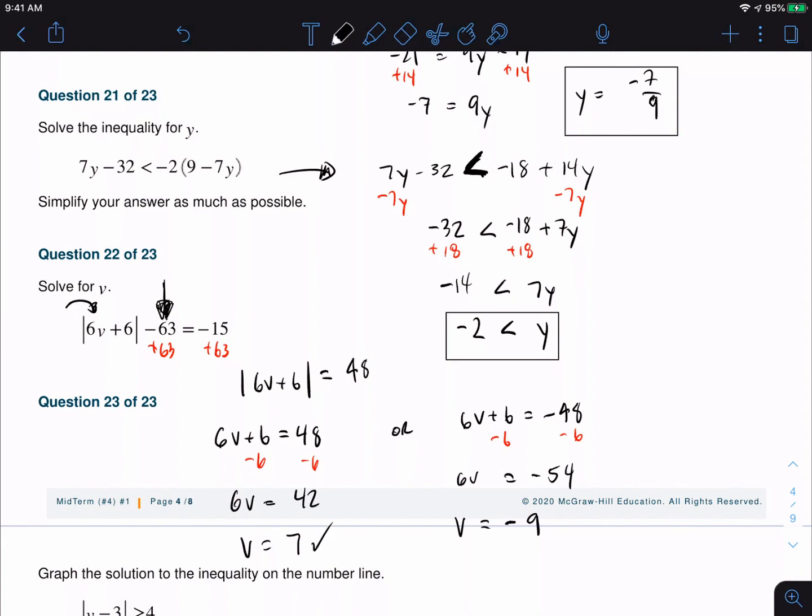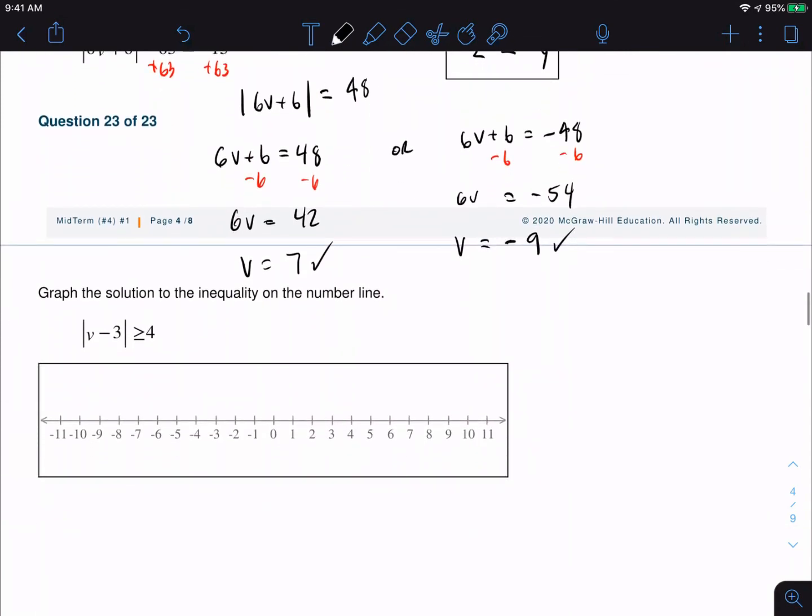Now let's try negative 9. 6 times a negative 9 is a negative 54. Plus 6 is a negative 48. What's the absolute value of negative 48? 48. And 48 minus 63 is a negative 15. So both work. But you have to check both when doing these problems.